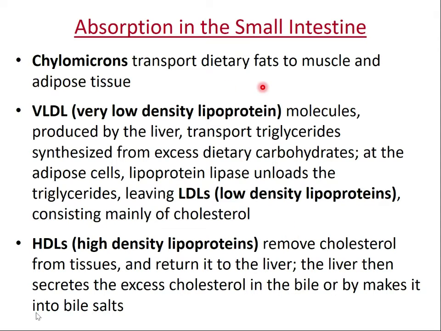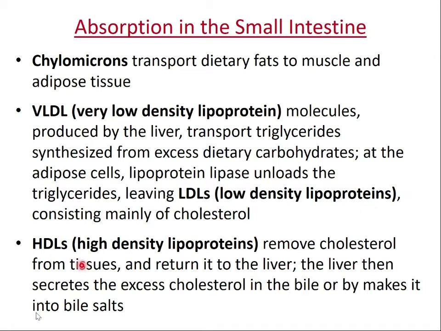Then you also have two other types known as VLDL and HDL. VLDL are very low density lipoproteins. These are lipoprotein molecules that have a low density when it comes to the protein content. The VLDL also can become low density lipoproteins, which consist mainly of cholesterol.